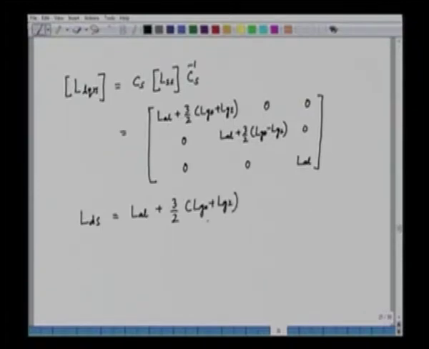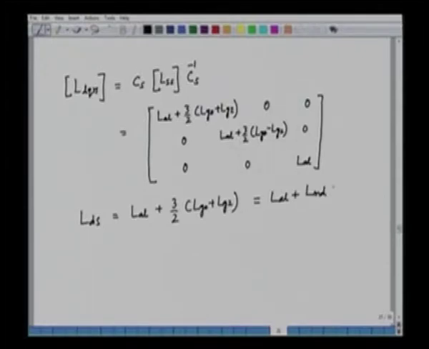We see that this is independent of theta r. It is interesting to note that this inductance is not position dependent. It's a constant inductance, and we can call it LAL plus LMD.